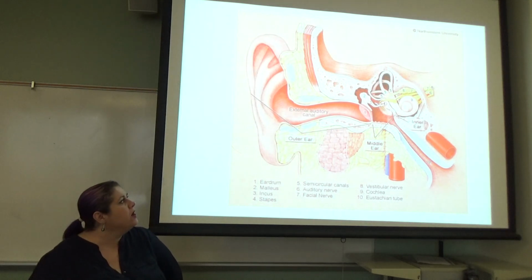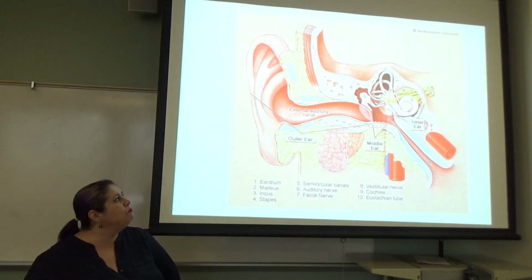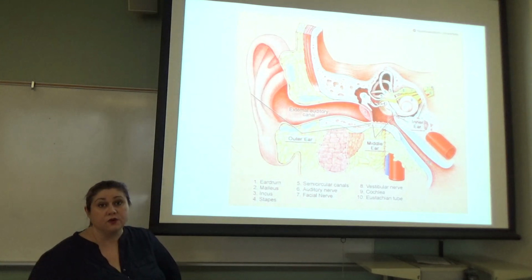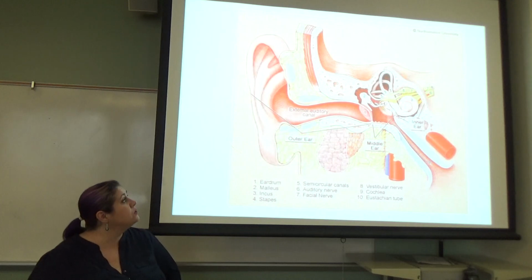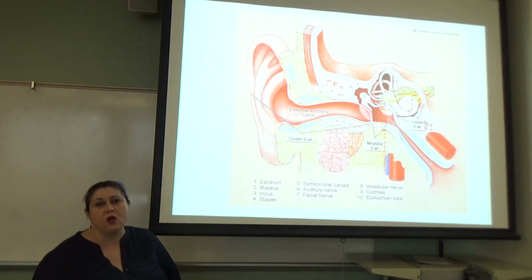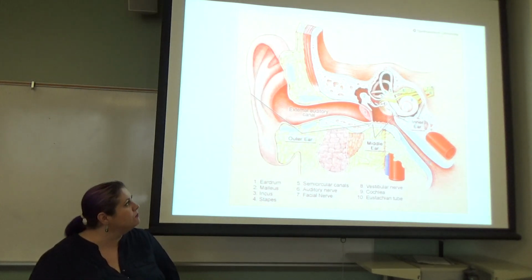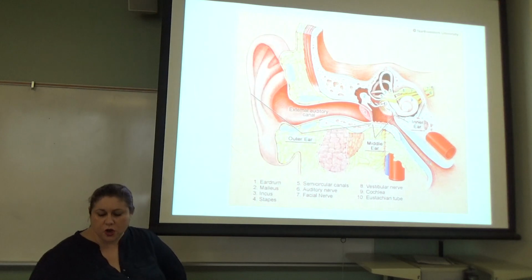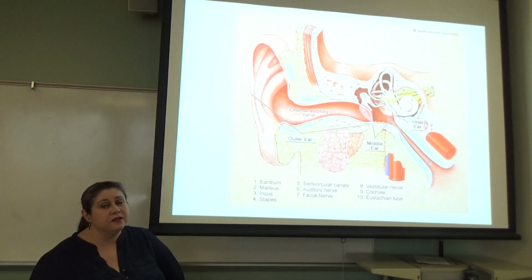It's filled with air, and it has 3 tiny bones inside of it that are called the ossicles. Ossicles means tiny bones. So the ossicles are the tiniest bones in your body. They're in your middle ear. If you ever have a chance to see actual ossicles, they're so cute and you should look at them. And the 3 ossicles are called the malleus, the incus, and the stapes.